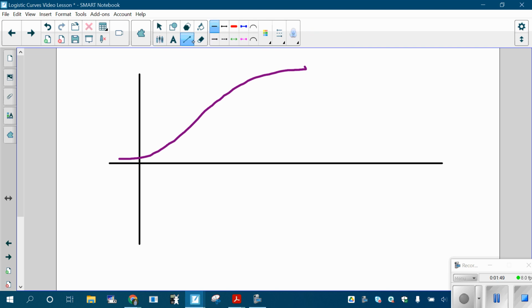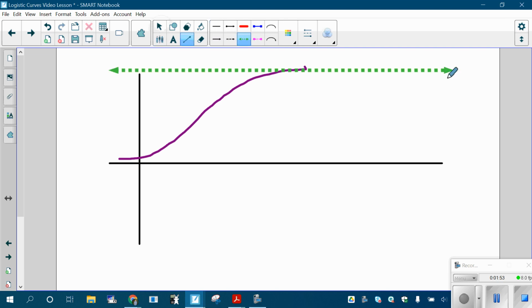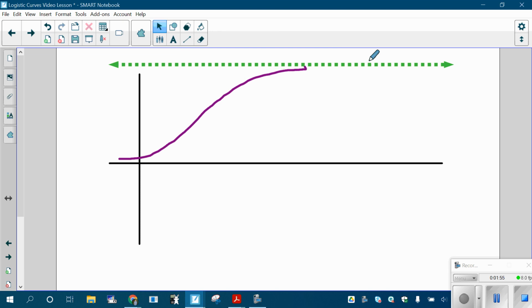And what happens when it levels off? It starts to approach, some bad drawing, Mr. Cuddy, some horizontal asymptote, and we call that the carrying capacity. You usually call it L, the limiting factor, or the carrying capacity. Okay, so there's a lot of things in the real world that follow this type of pattern. This is called logistic growth.